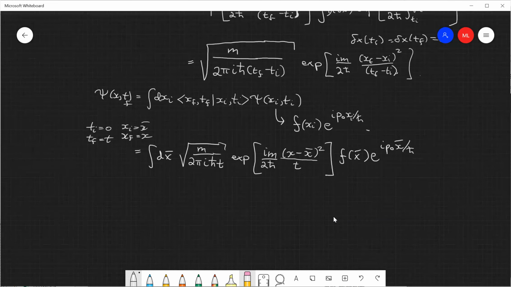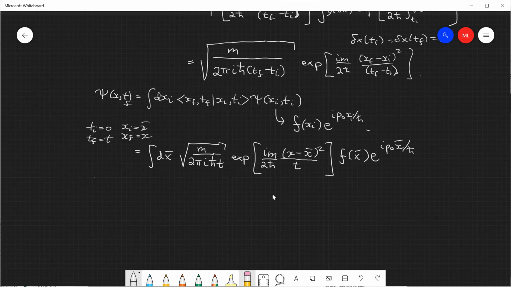Because if the thing is varying quickly, if it's got a non-zero derivative, then if h bar is small, that'll lead to large changes in this exponential, and it'll make the exponential oscillate a lot. That'll give you a lot of positive and negative contributions in both the imaginary and the real part, because those are just sines and cosines. And so it'll cancel out.